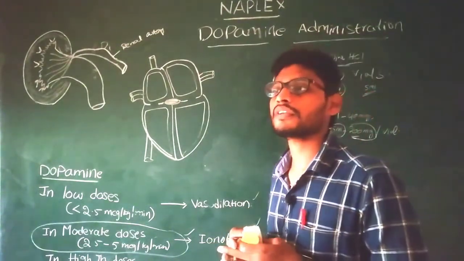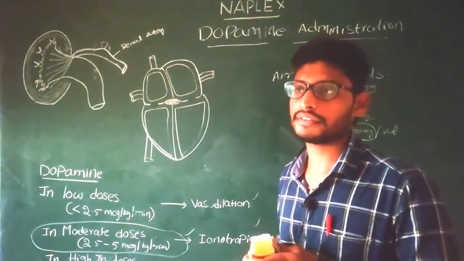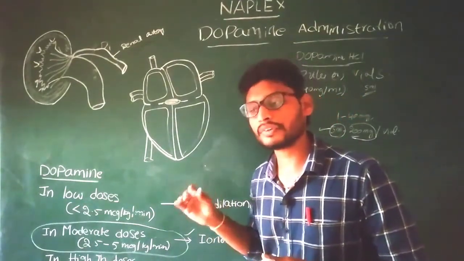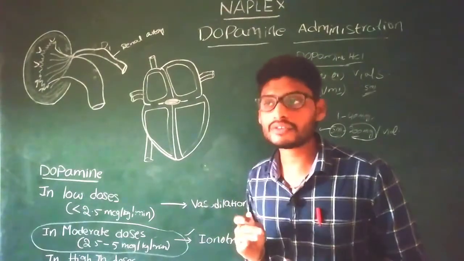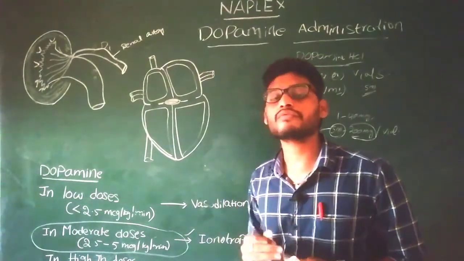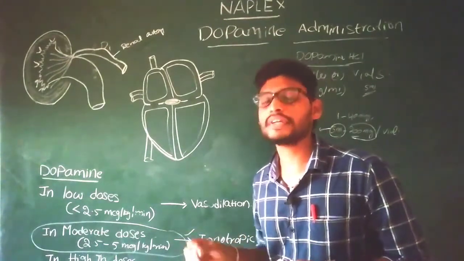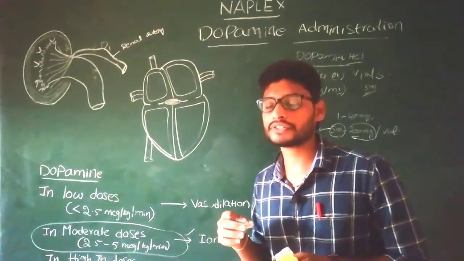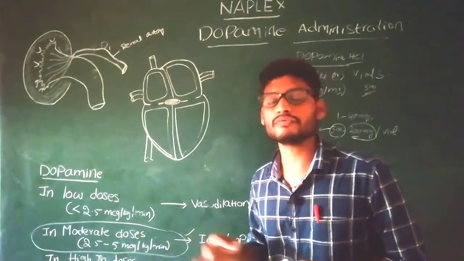Even after plasma expanders, if the patient's condition is not treated, then we prefer dopamine administration. We initially start with a moderate dose and then increase the dose based on the patient's condition, increasing or decreasing according to improvement.